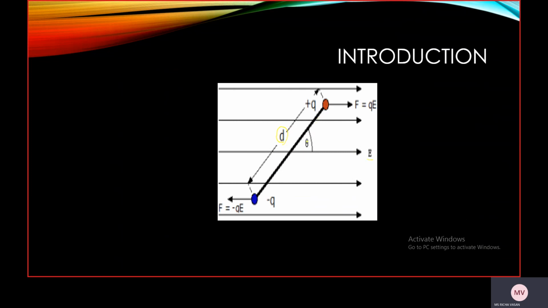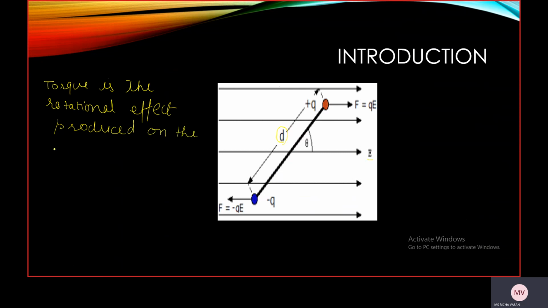So now we are going to study what happens when an electric dipole is placed in a uniform electric field. So what happens is that a torque is produced. We know the torque is the rotational effect produced on the body by the force.